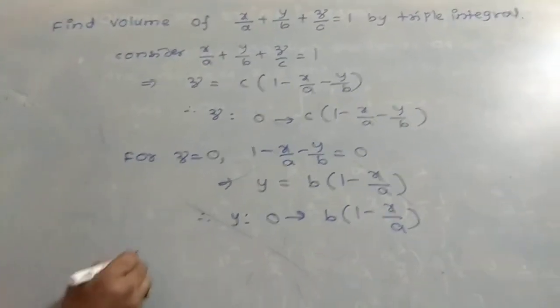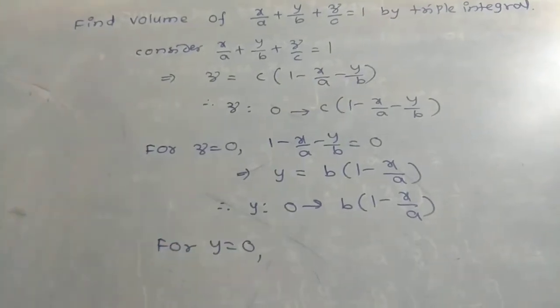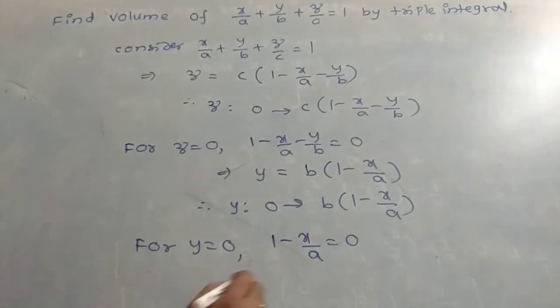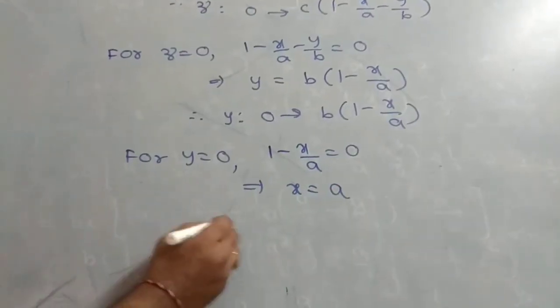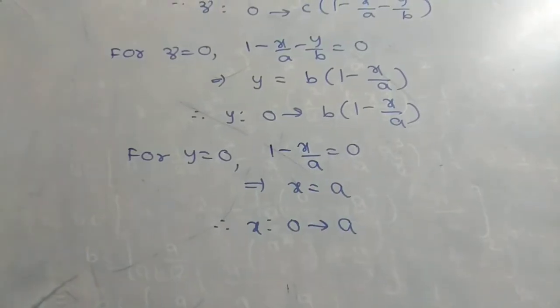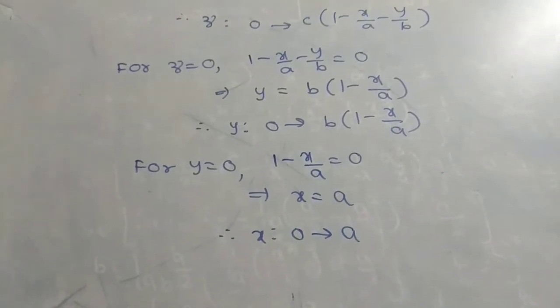Similarly, in order to get the x limits, you suppose y equal to 0 in the previous equation, so that you get 1 minus x by a equal to 0. From this, x equals a. Therefore your x limits are 0 to a. This is the way you calculate the limits by using the given equation.